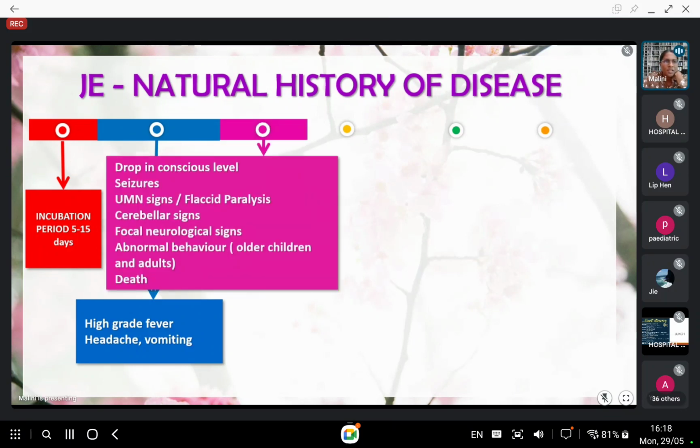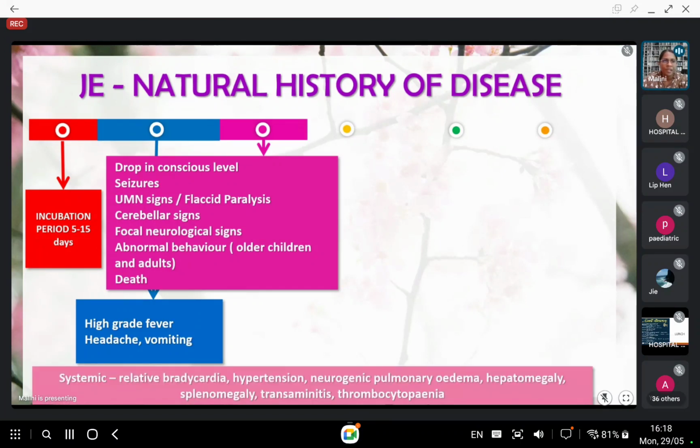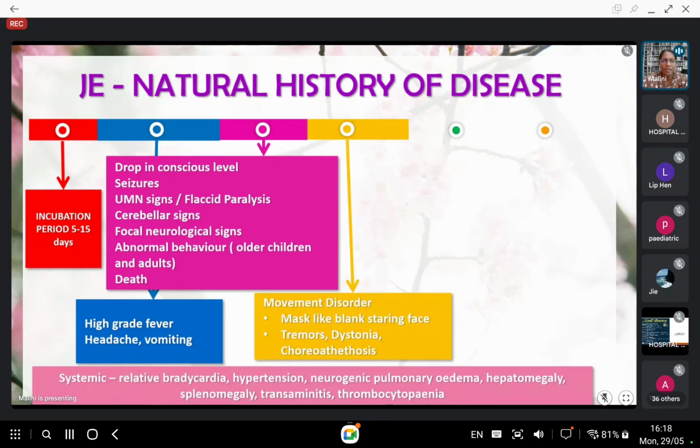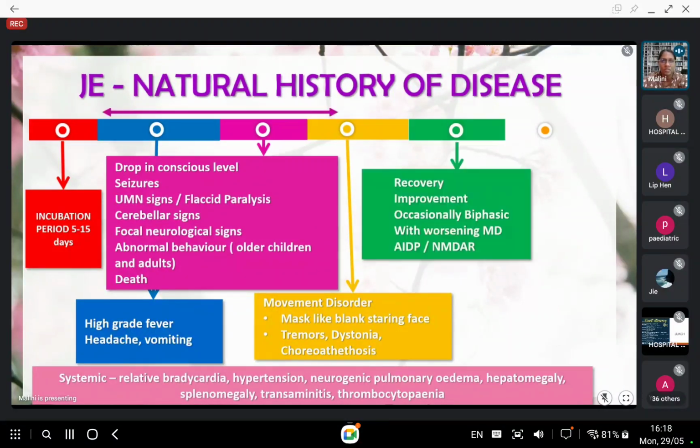A drop in conscious level, seizures, upper motor neuron signs, flaccid paralysis, focal neurological signs, or abnormal behavior in older children. And then subsequently, maybe in the second or third week, you might have Parkinsonian features of mask-like faces, tremors, dystonia, choreoathetosis.